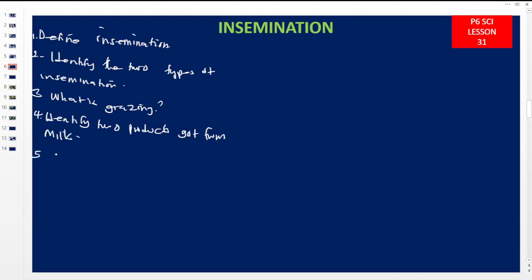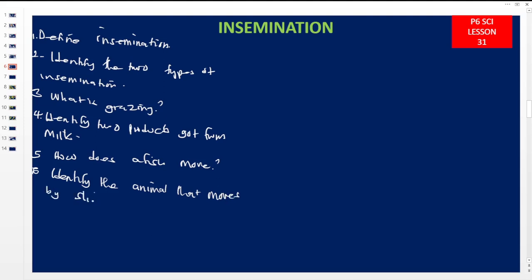Number 5. How does a fish move? 6. Identify the animal that moves by slithering. Number 7. What is zero grazing?